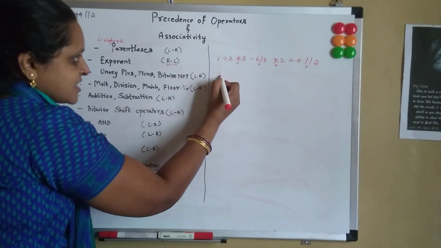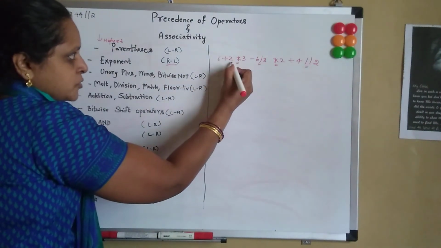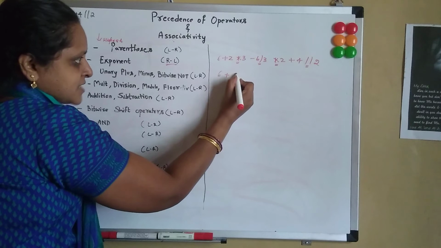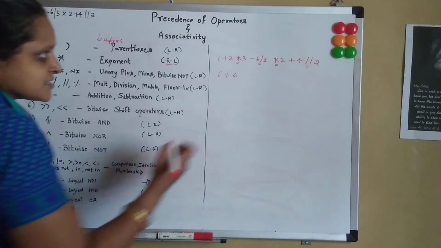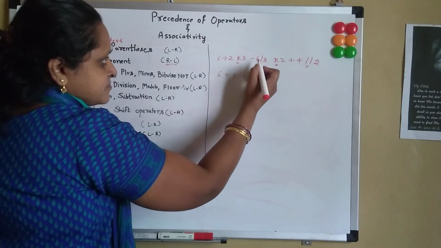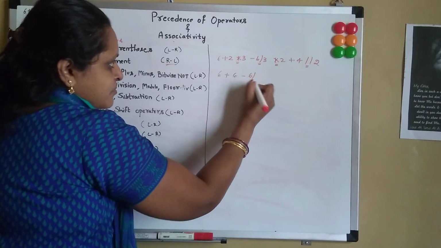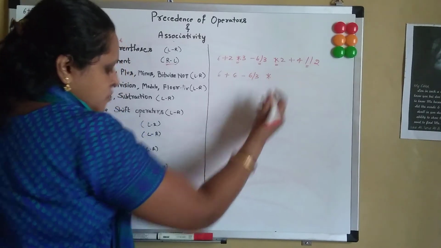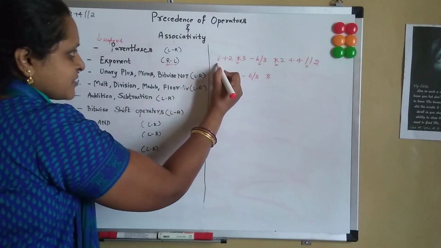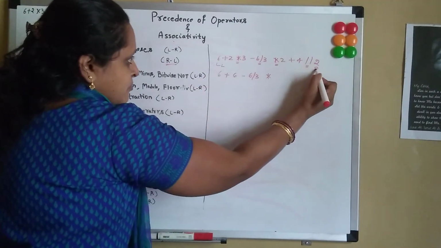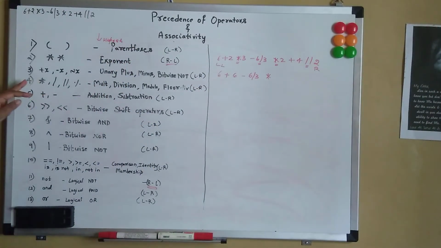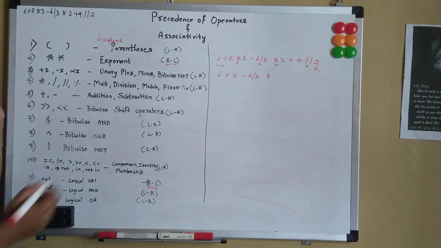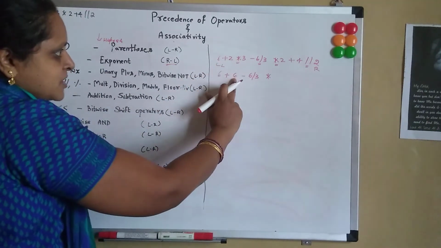So here 6 plus 2 into 3 becomes 6 plus 6. Two 3s are 6. I'll keep the rest of the expression as it is. In this case, we are traversing from left to right because the associativity for the fourth level is from left to right. So I've solved 2 into 3 which is 6.